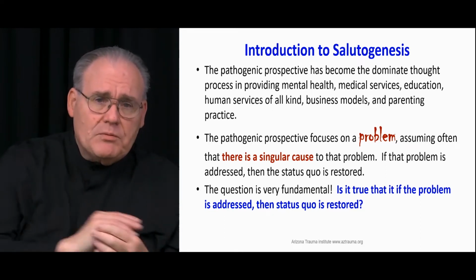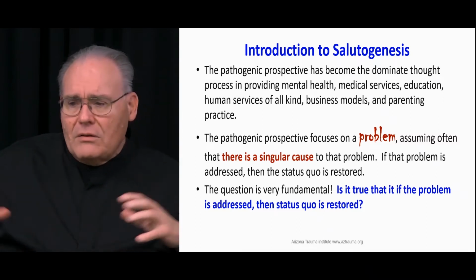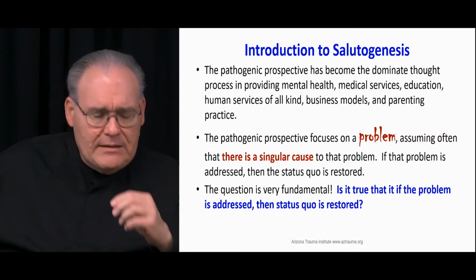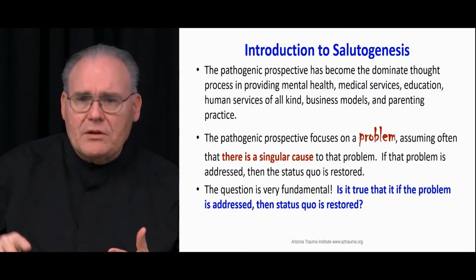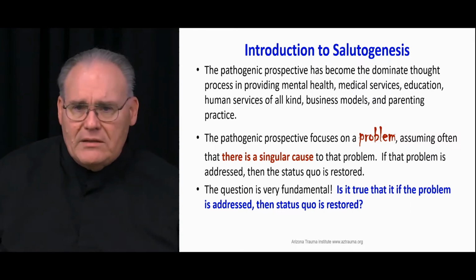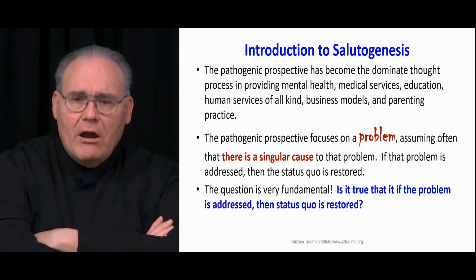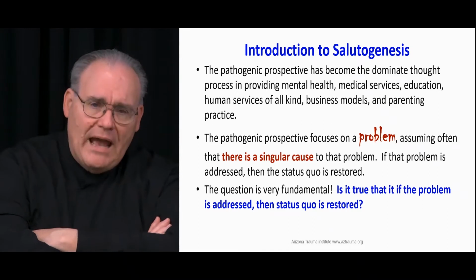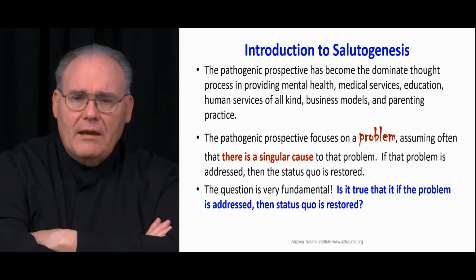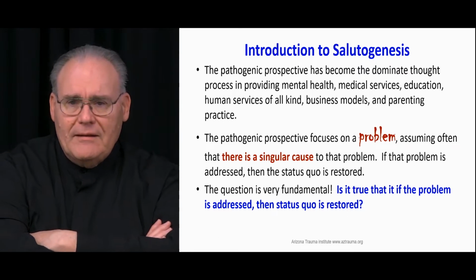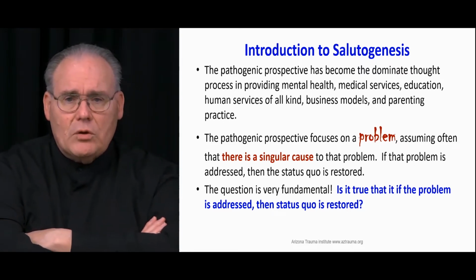A pathogenic perspective has become dominant in all sorts of arenas. It's not just medicine. It's mental health, it's medical services, it's education, it's human rights, even some business models and parenting practices are pathogenic. Well, pathogenic approaches focus on problem resolution, as if the manifest problem is the thing that is wrong.